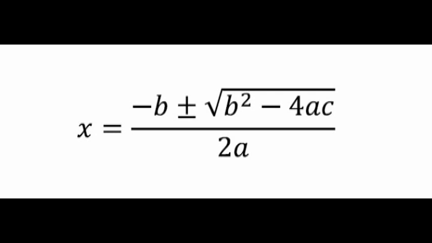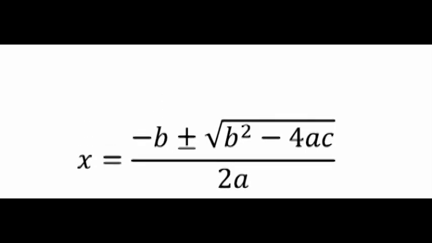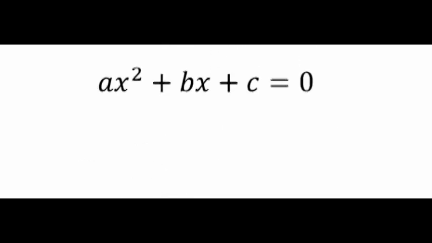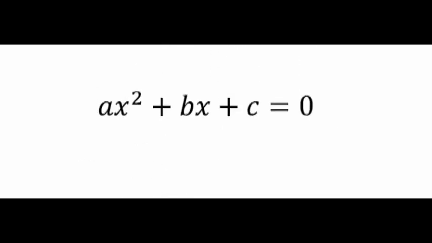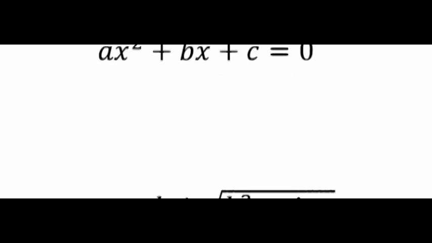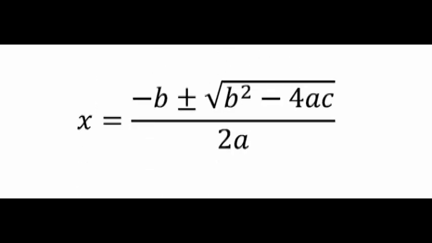And where a, b, and c, I'll go back up to my original quadratic equation, a is the x squared coefficient, b is the x coefficient, and c is the constant term. So anytime we want to solve that, we can plug it into here.